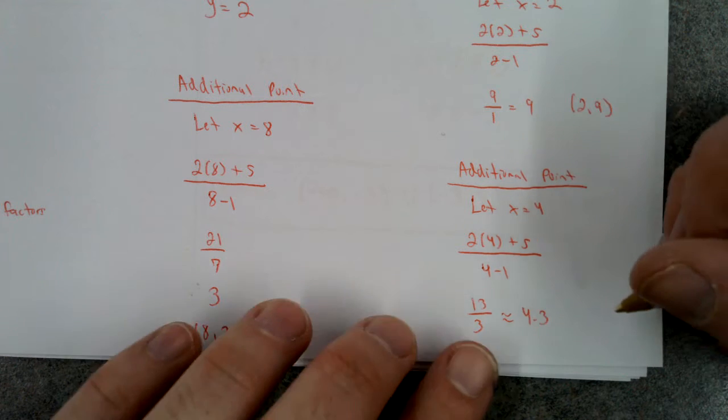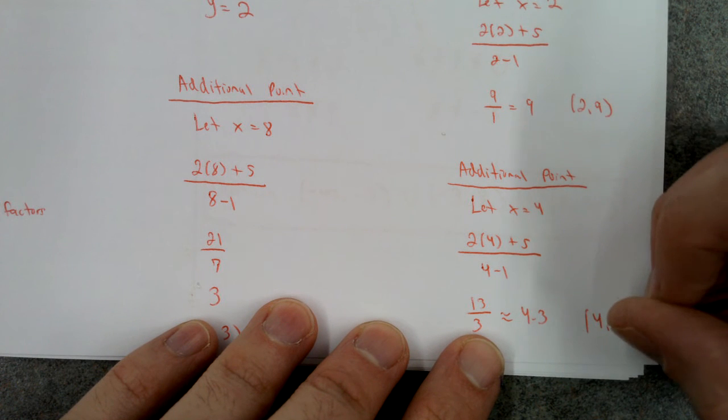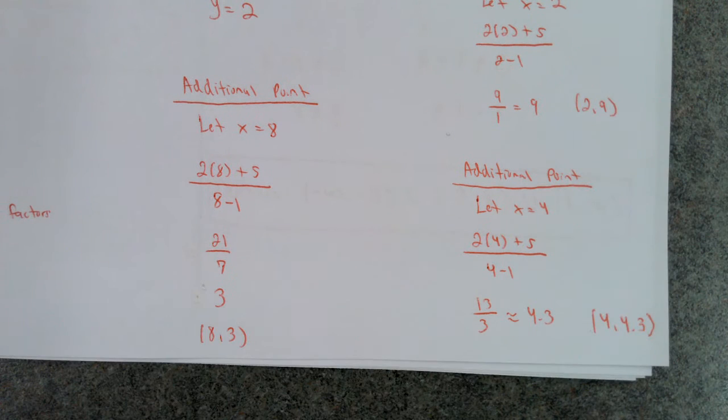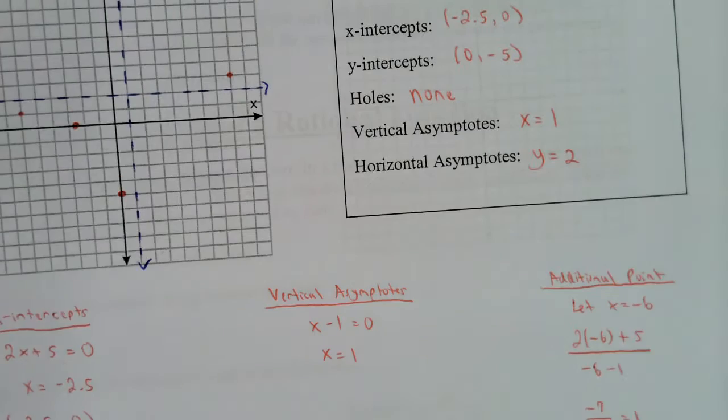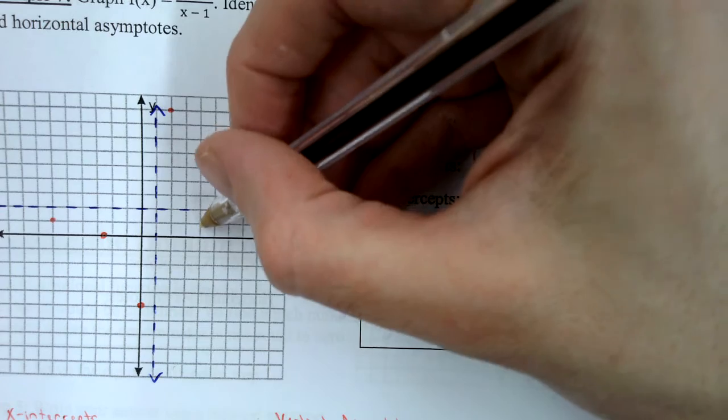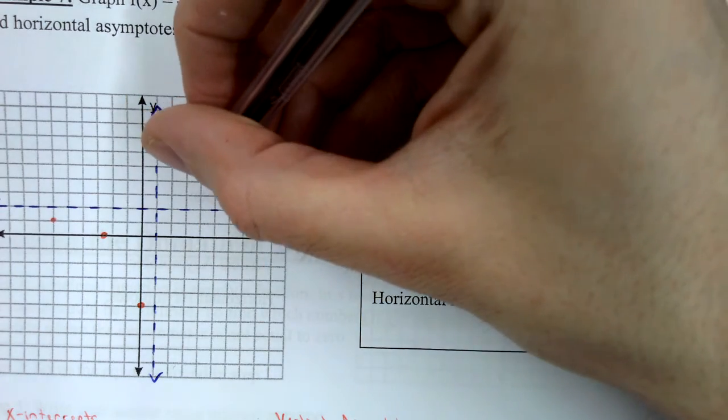Means you have the point 4 comma 4.3. So we can just estimate that. 4, 1, 2, 3, 4, go a little past 4, like that.